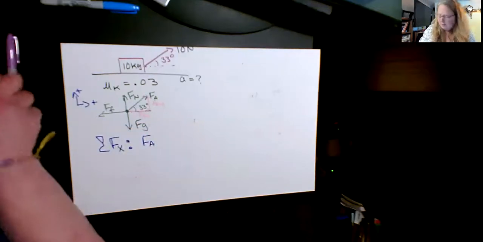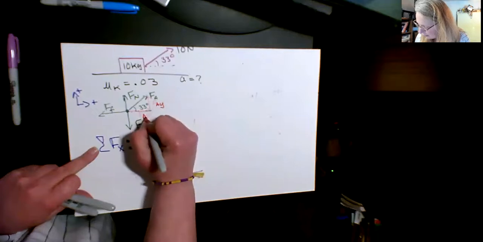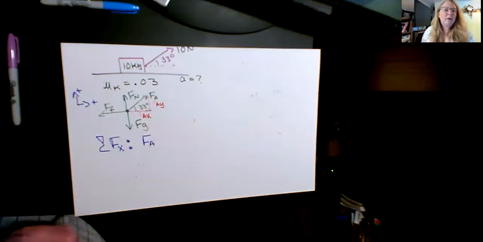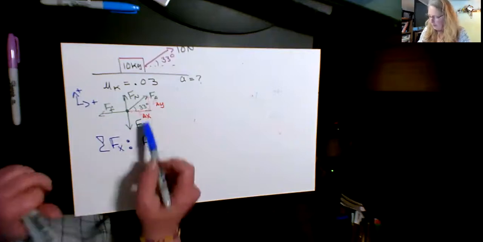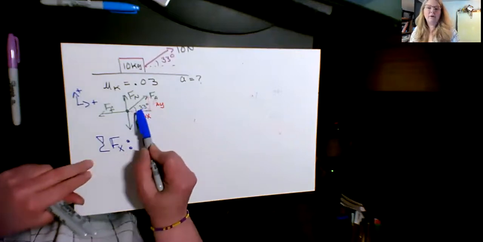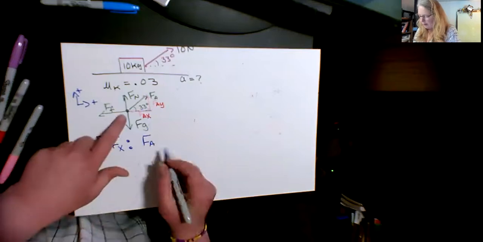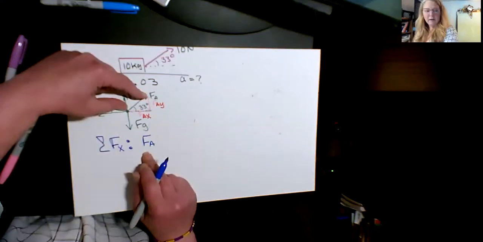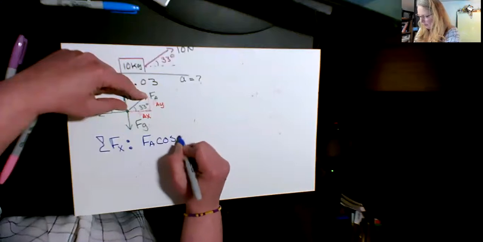Can you see that? Make sure that you can. So this is my x component. It is touching that 33 degrees. It is the adjacent side of that triangle. So force applied is the hypotenuse of that triangle, force applied times cosine of 33.